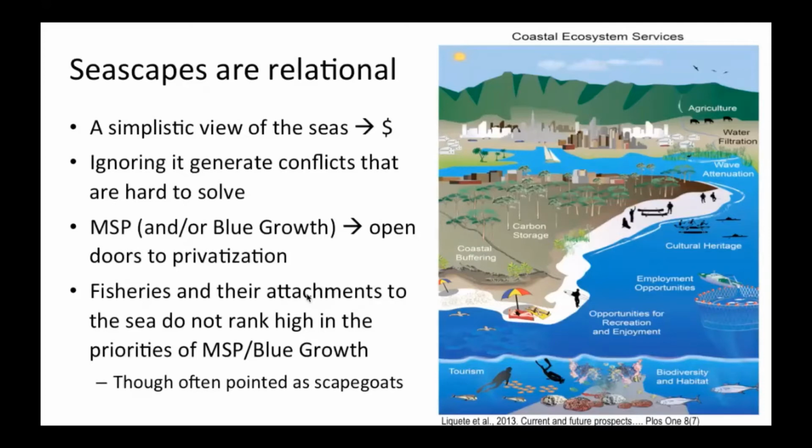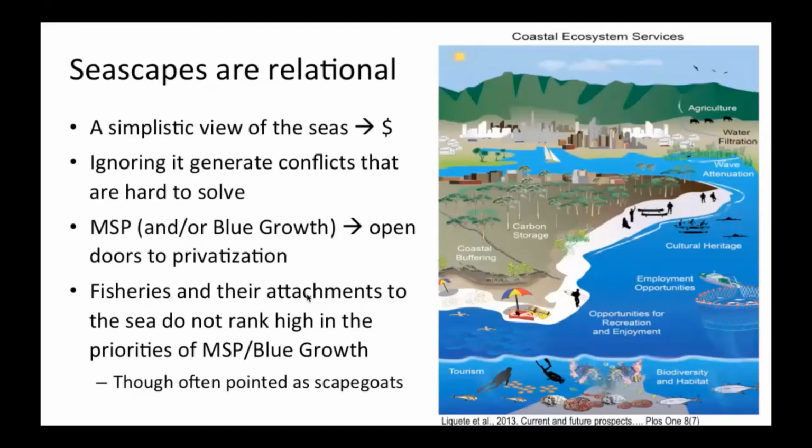The oceans are relational seascapes. They have different levels of attachment to the landscape that's not just monetary. So when we simplify the view of the seas to money, we lose a lot of this information, and that's a source of important conflict between communities, among communities, and between communities and other levels of government, for example.